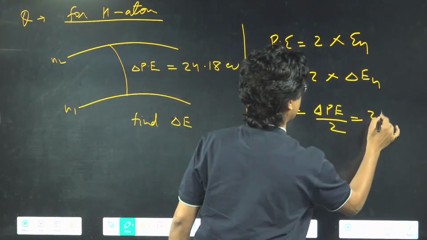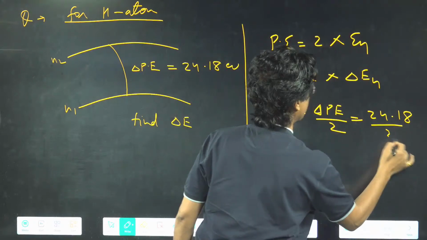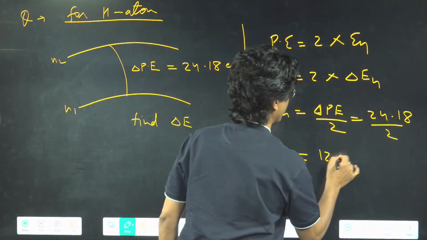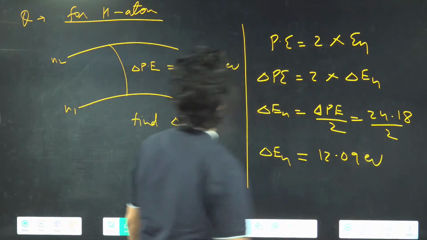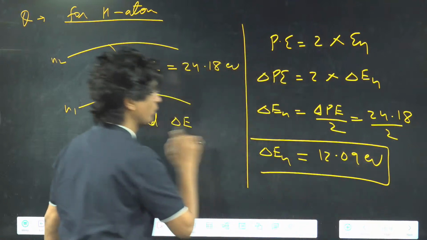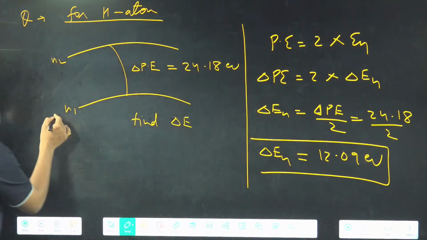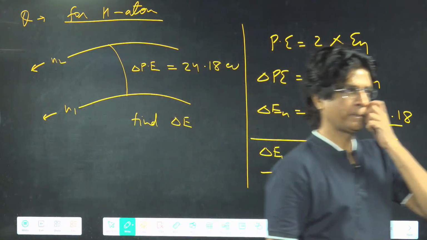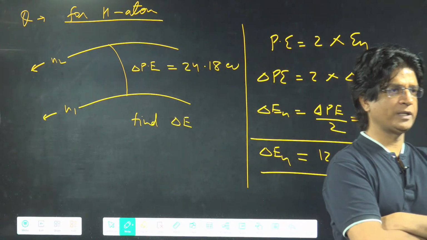Delta PE is 24.18 divided by 2, so delta En will be 12.09 electron volt. Yes or no? If it is 12.09 electron volt, can you tell me which orbits I'm talking about in hydrogen atom? They can also ask you the orbit number.